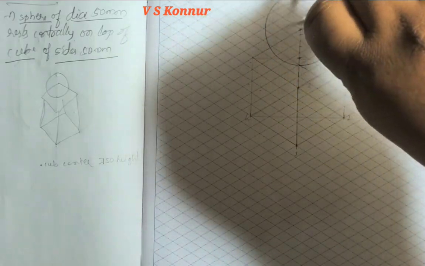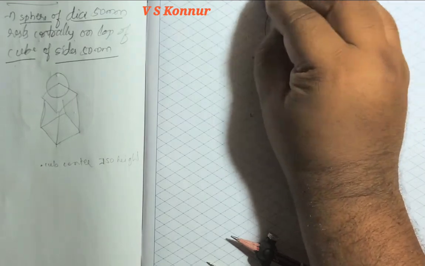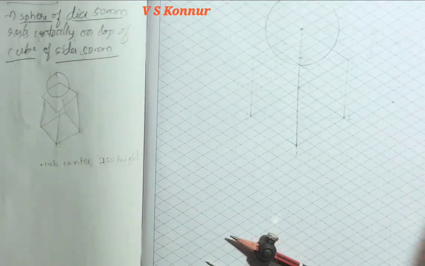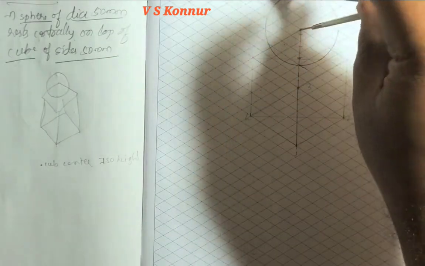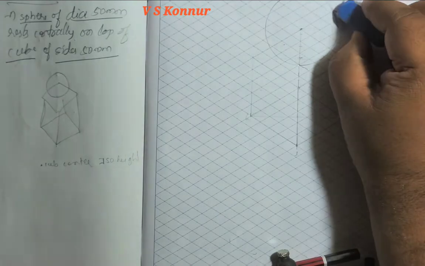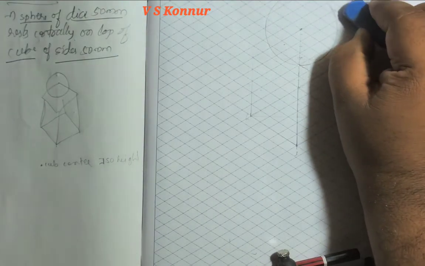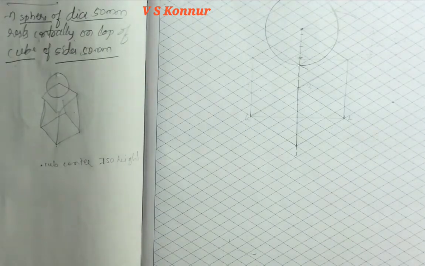Sphere should be made dark. Sphere should be dark. Now the lines should be made dark.